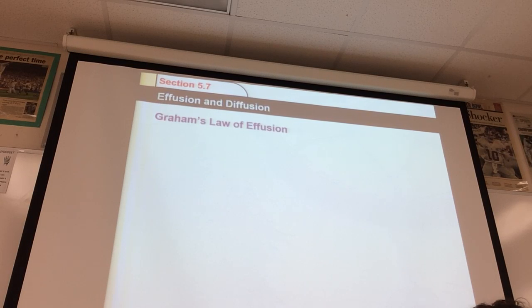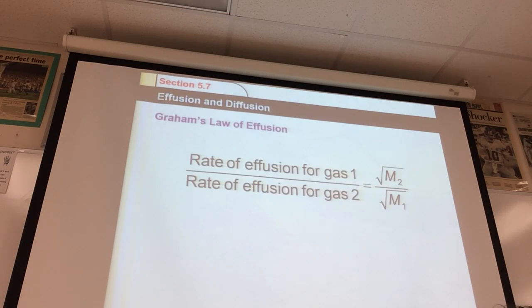I'll go through the conceptual piece of this. The rate at which the first gas effuses over the rate at which the second gas effuses is equal to the square root of the inverse. So again, the greater the molar mass, the slower it effuses.